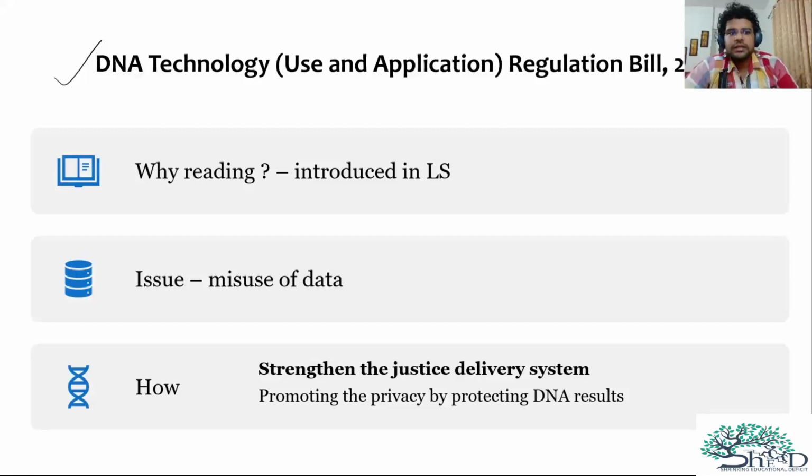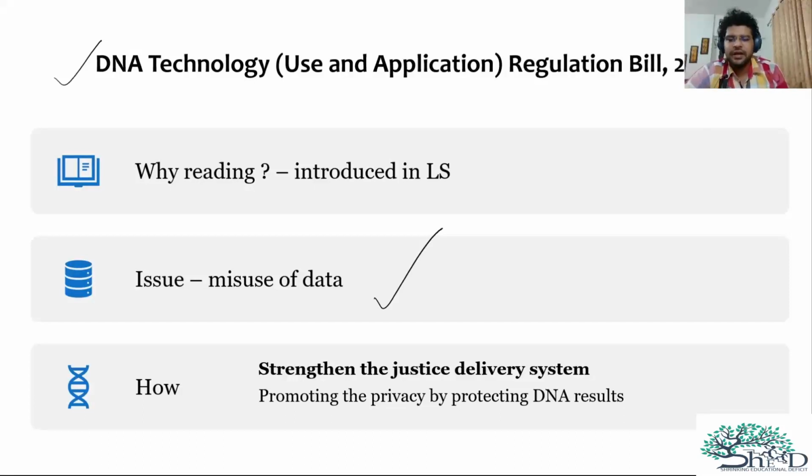Now there the issue of misuse of data can come. DNA technology can be used to fake some data and maybe put the blame of the crime on somebody else.